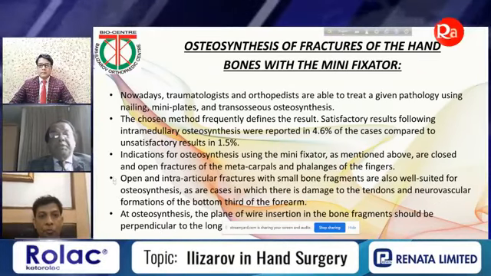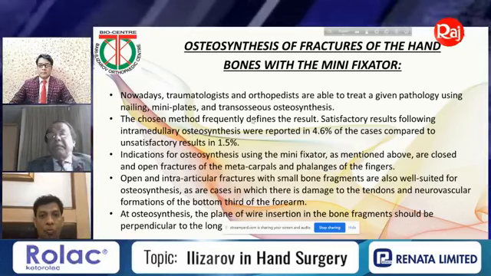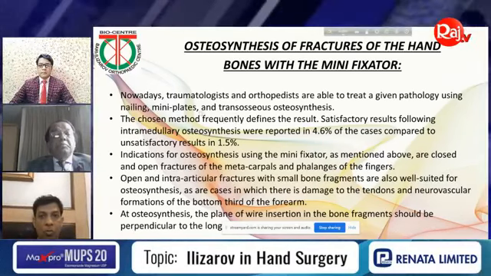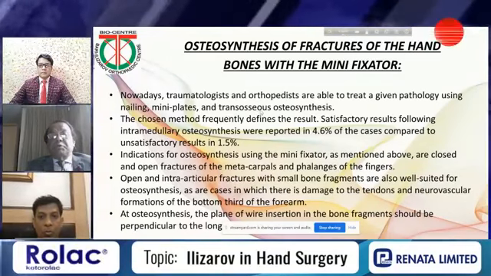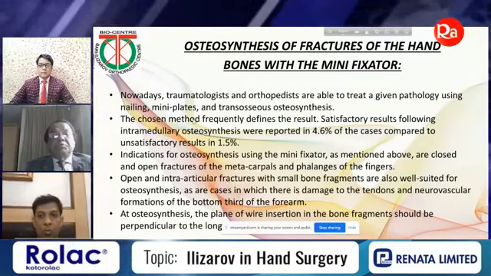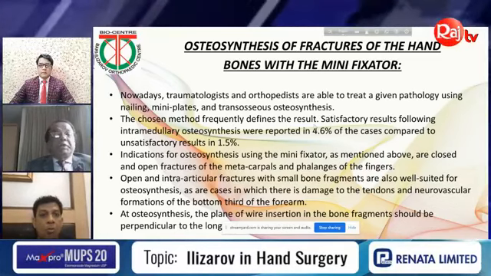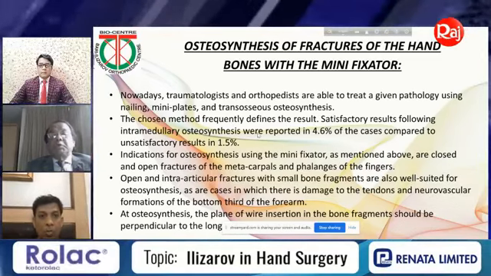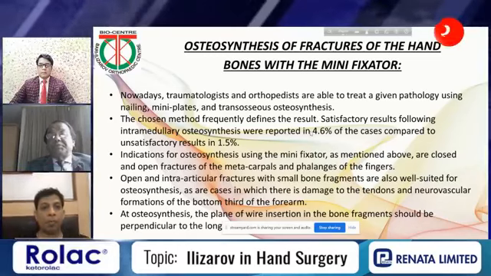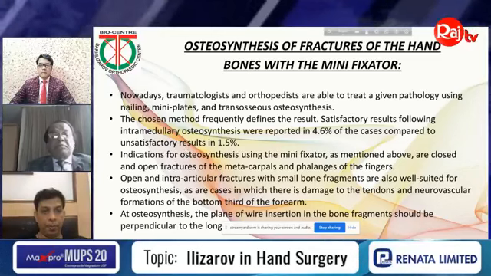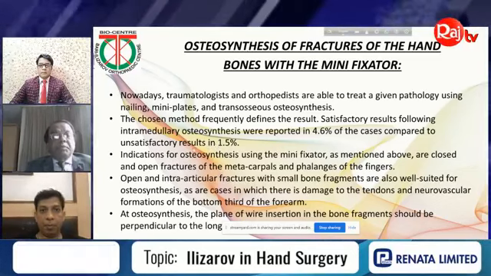Nowadays, orthopedists and traumatologists are able to treat a given pathology using nailing, mini plates, or transosseous osteosynthesis. The chosen method frequently defines the result. Satisfactory results following intermediate osteosynthesis were reported in 4.6% of the cases compared to unsatisfactory results in 1.5%.